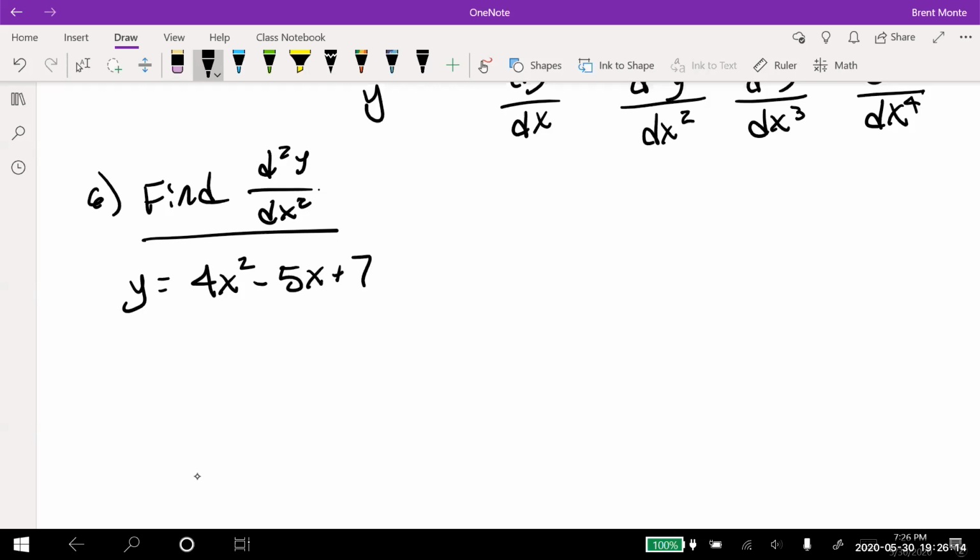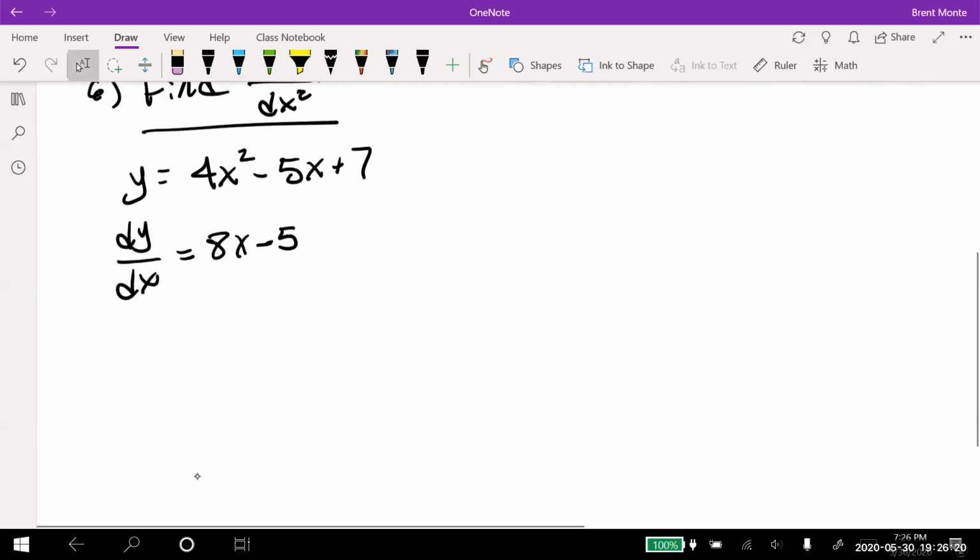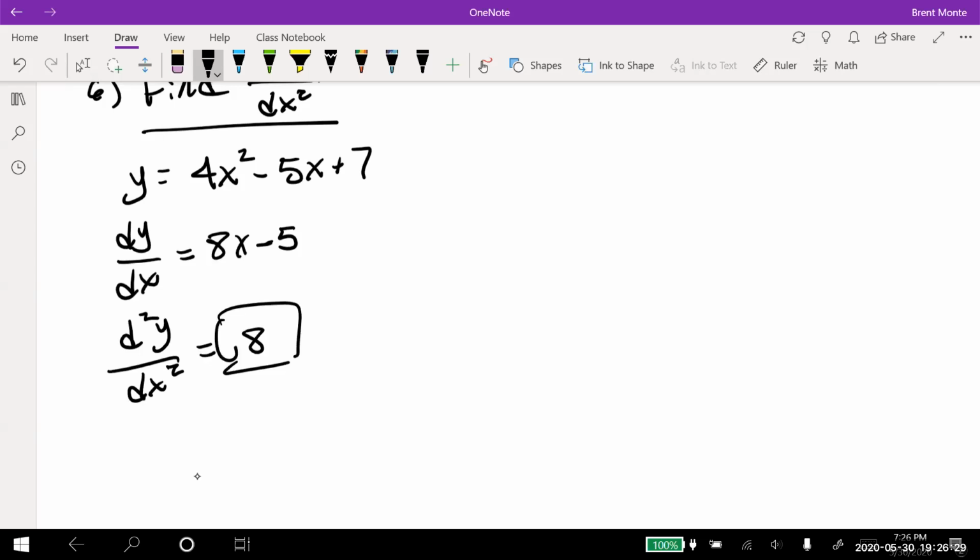So we take dy dx, and we get 8x minus 5. And then we take the derivative of that. We write it as d2y over dx2. And we get 8, and I'm done. Much easier than the last section. Let's make that look like an 8 so you don't think that was an 18. And that's it. So not too bad.